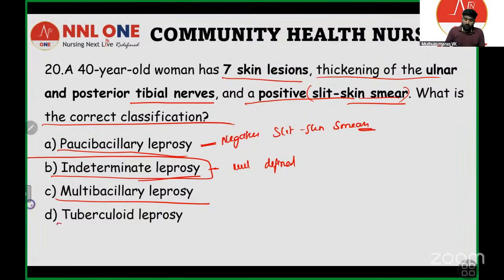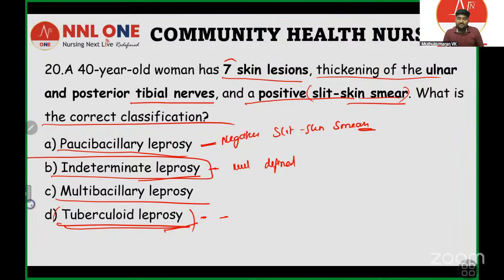Coming to tuberculoid leprosy, there will be well-defined lesions, strong cell-mediated immunity, and generally the smear will be negative. This is not associated with tuberculosis. That is the major difference.